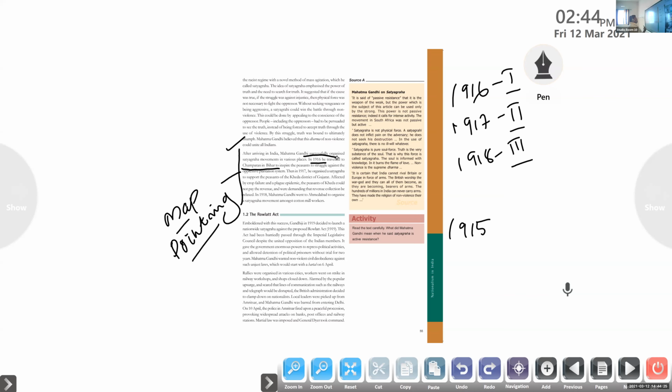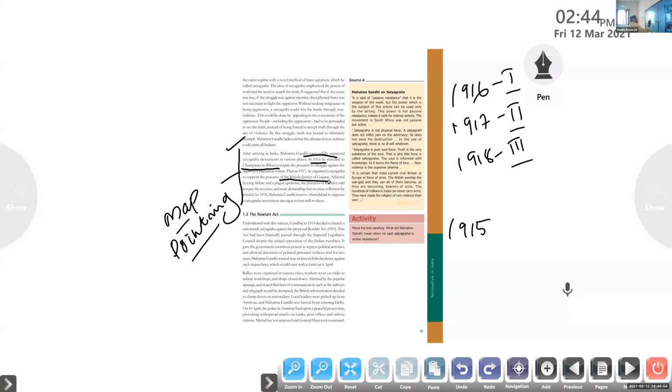So next, in 1917, another satyagraha, that's in the Kheda district of Gujarat. Just underline that: Kheda district of Gujarat. Another map pointing question. The second satyagraha organized by Mahatma Gandhi was in Kheda, Gujarat, in the year 1917. Affected by crop failure and plague epidemic, the peasants of Kheda could not pay the revenue.